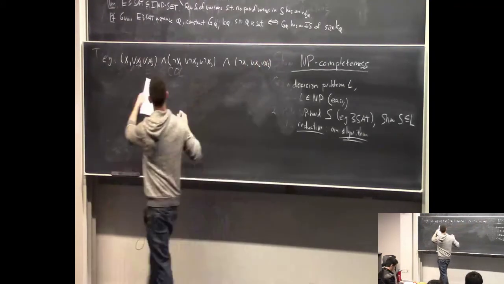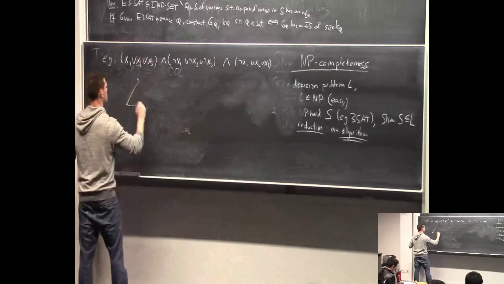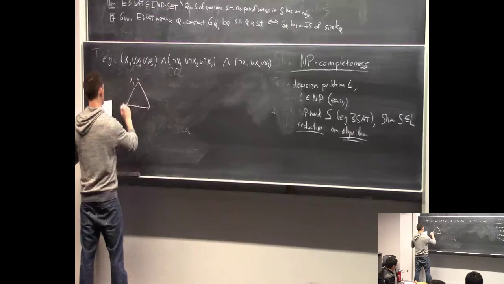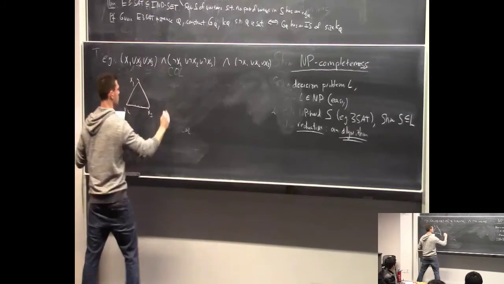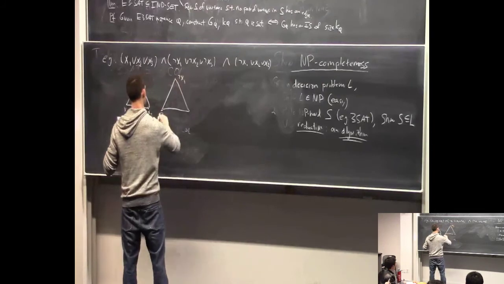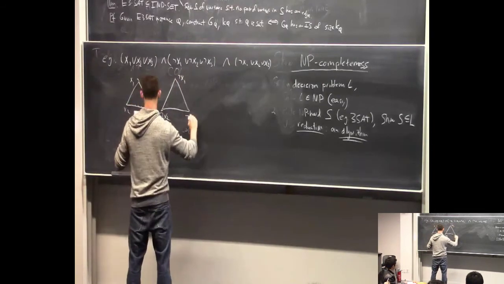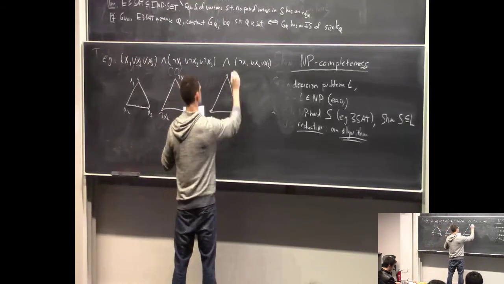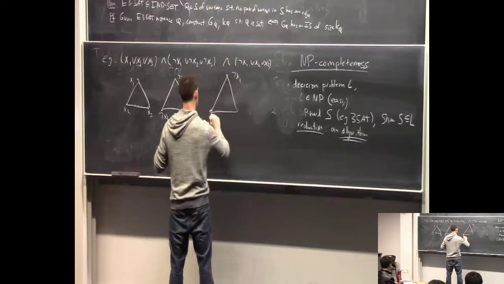So what I'm going to do is I'm going to draw a triangle for each clause. And so this is x1, x2, x3. This is not x1, not x2, not x3. And this is not x1, x2, and x3.